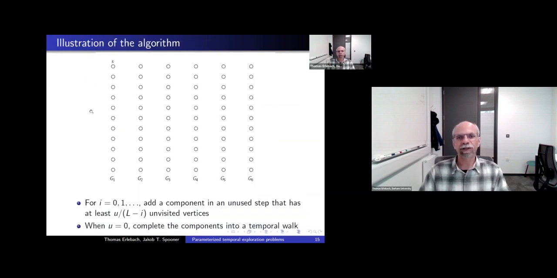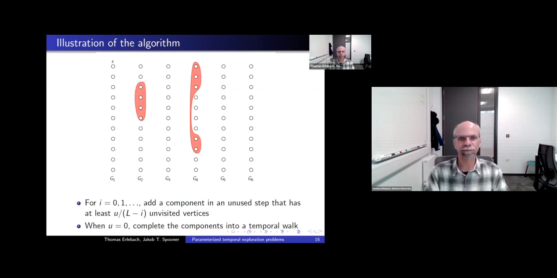So here we have a temporal graph with 6 layers. So first we would guess what is a component that contains at least n over 6 vertices. Let's say this is a candidate for such a component. Let's assume we guess that correctly. Now in the remaining 5 steps, we're looking at a component that contains at least 1/5 of the unvisited vertices.